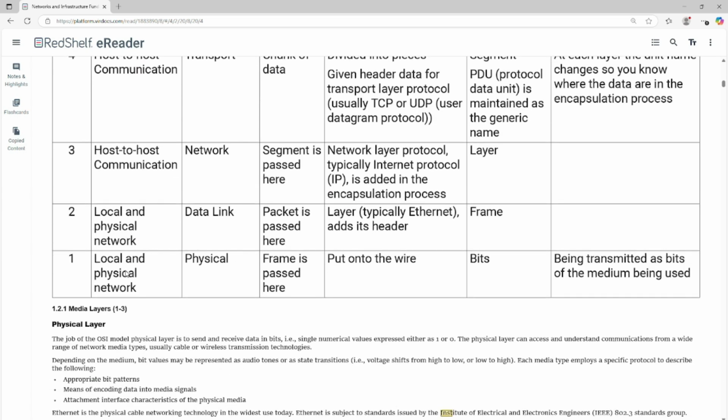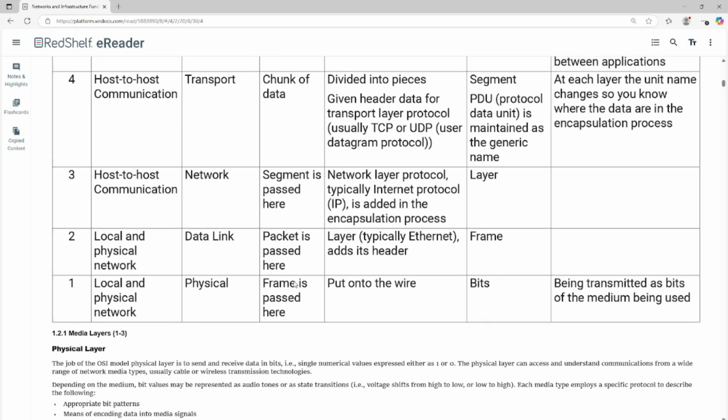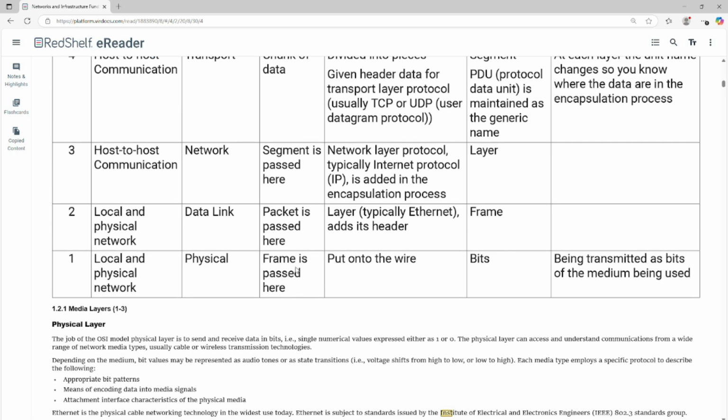An example here is layer 1, which is the physical layer. Whatever is contained at that layer is a frame that is being passed. And for that frame, the action is that it's put onto the wire. And the name for it is bits.